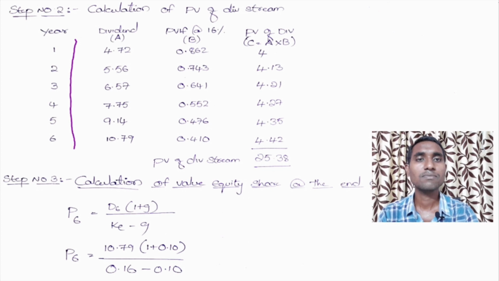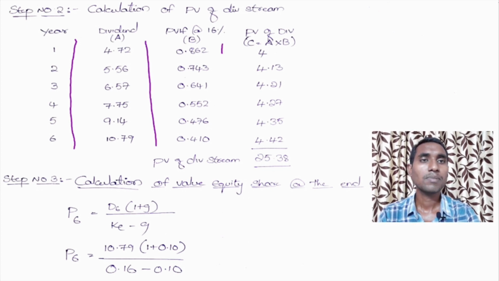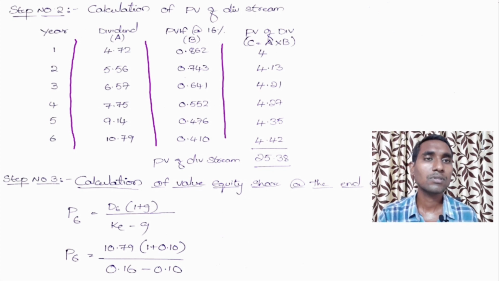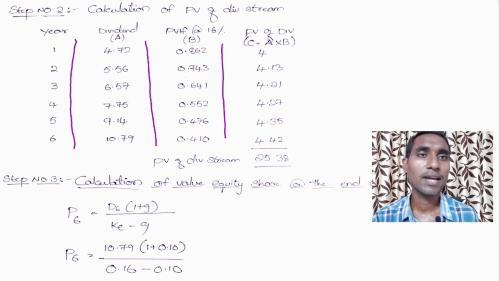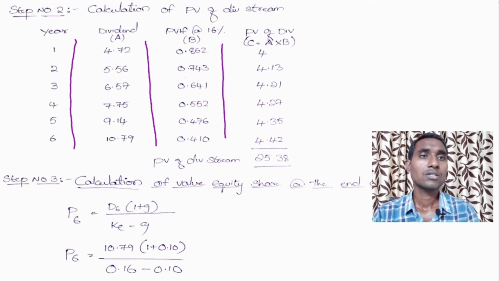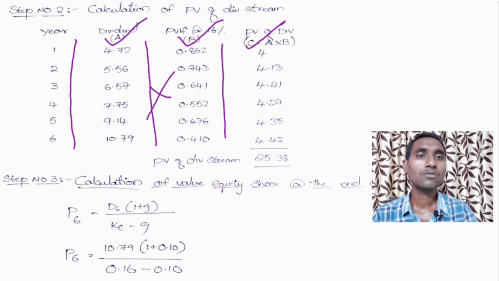My dividend stream is for 6 years. So this is the dividend, and this is the present value interest factor. I have shown you in the earlier sessions how to record these table values. This is 16%. So this is A, this is B, and C equals A into B. So you will get this figure.